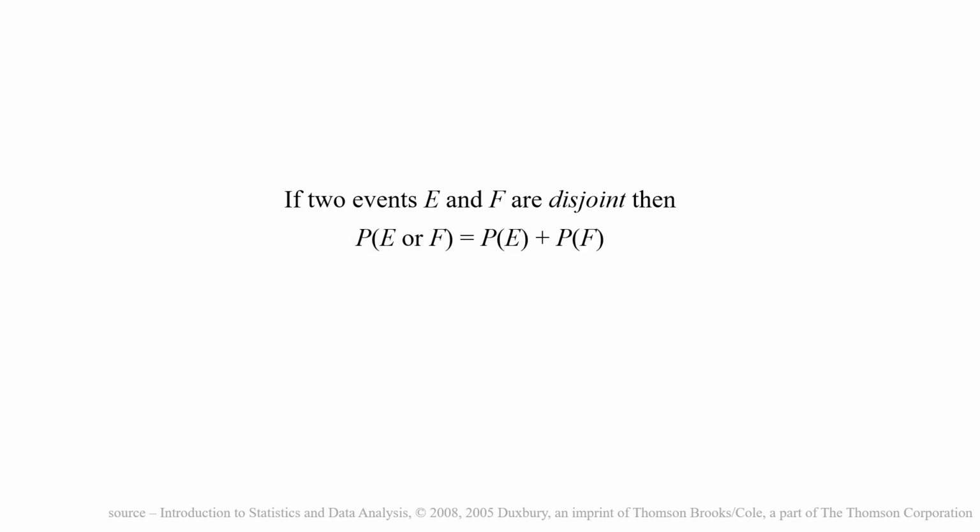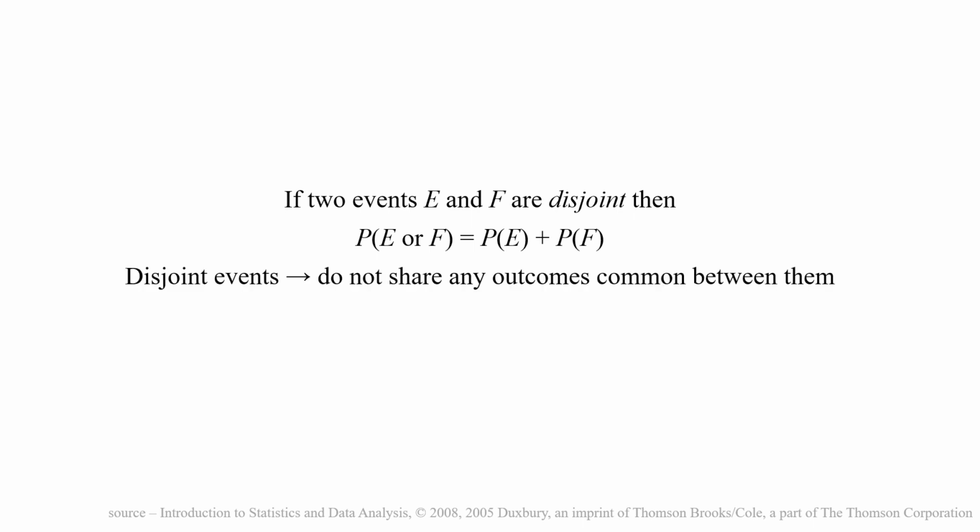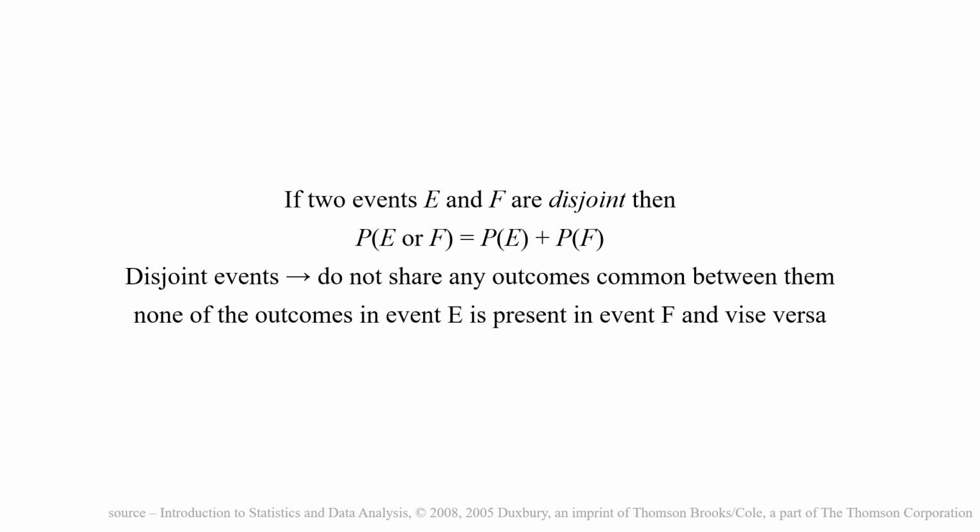Basic property number 3. If two events E and F are disjoint, then probability of E or F equals probability of E plus probability of F. Disjoint events are those that do not share any outcomes from the sample space between them, meaning none of the outcomes in event E is present in event F and vice versa.